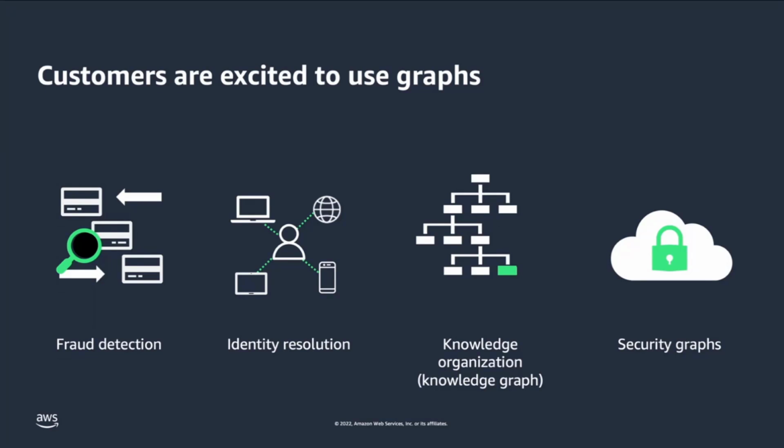The third use case we often see with customers is knowledge graphs or knowledge organizations. And this is really about connecting disparate data silos inside of a company together in such a way that you can get a holistic view of pieces of information and things that are connected to that piece of information.